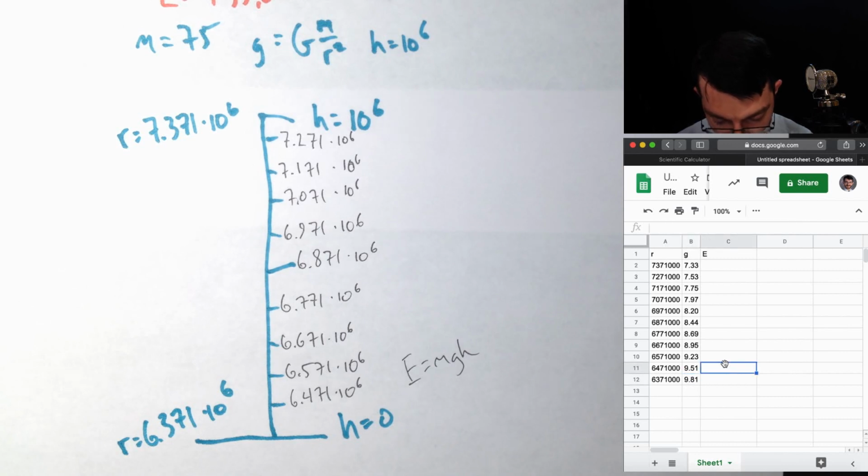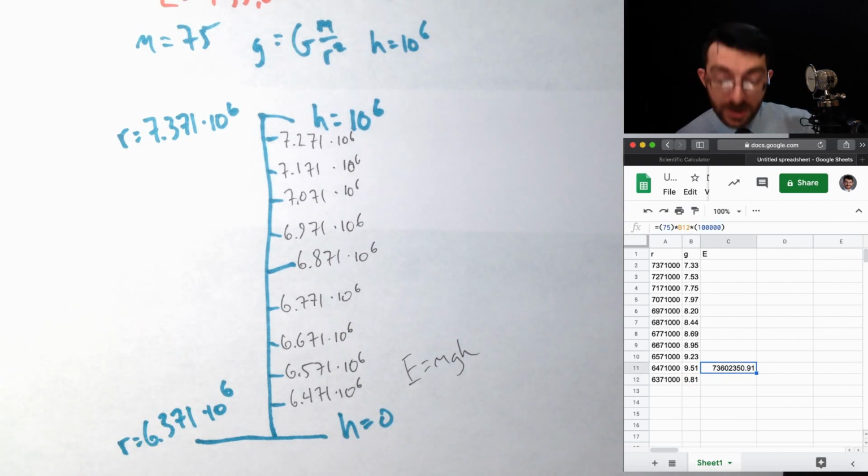So this is going to be mgh, where m is 75, times g, which is that, and then h, which is just 100,000.